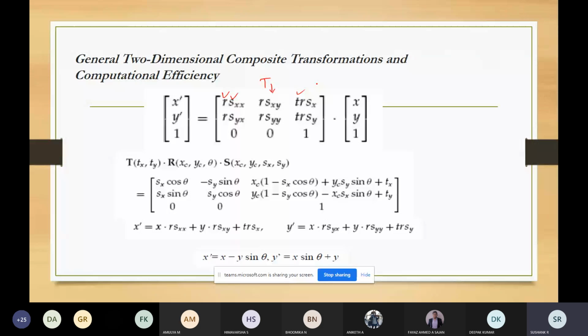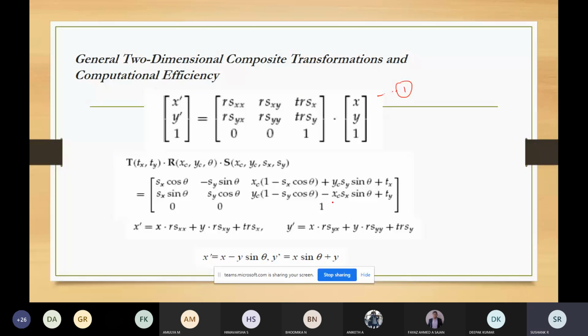Here R indicates rotation, S indicates scaling, and T indicates translation. So a two-dimensional transformation matrix which consists of any combination of translation, rotation, and scaling is given by this equation 1.